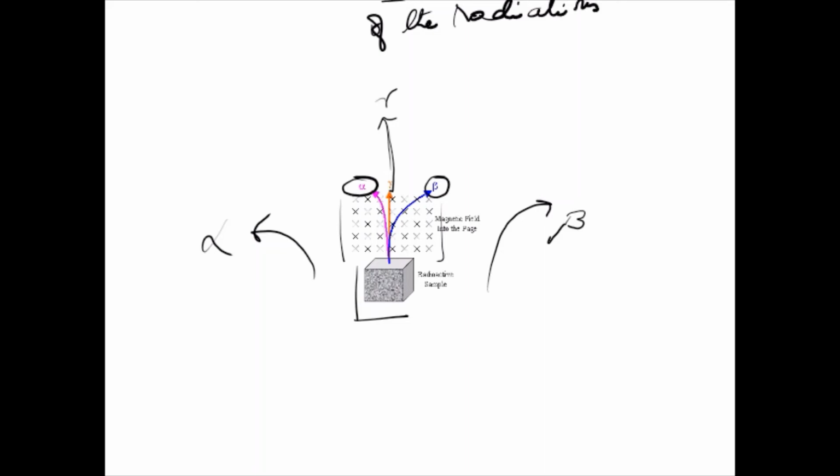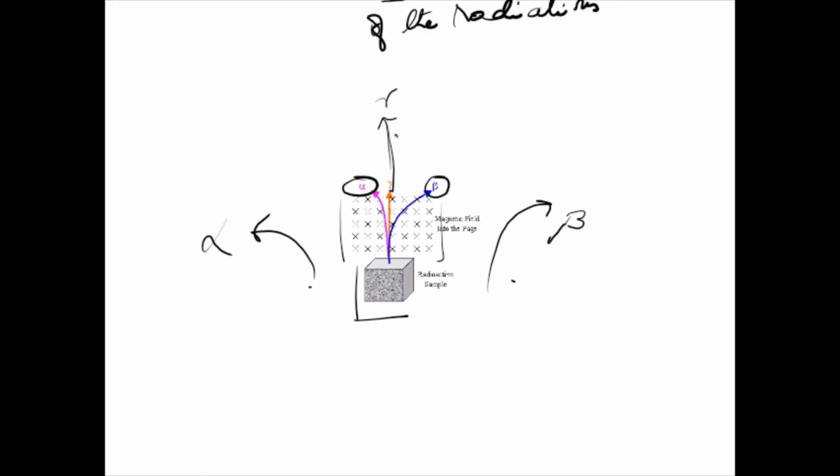So these radiations contain particles. Alpha radiations contain alpha particles, beta radiations contain beta particles, and gamma radiations contain gamma particles or gamma radiations. Those which turn to the left, Rutherford decided, must be positively charged, and those which turn to the right must be negatively charged, and those which go undeviated must be uncharged or neutral and are called gamma radiations.